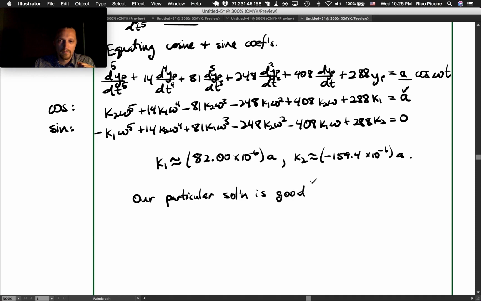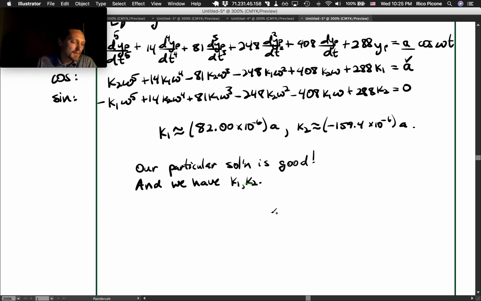So this is good. And we've determined the coefficients along the way. So we've determined the undetermined coefficients. Now I guess they're the determined coefficients. It didn't seem like they were really that motivated.